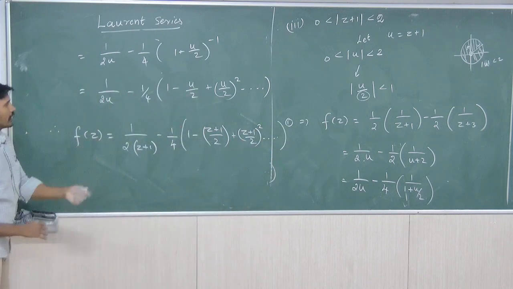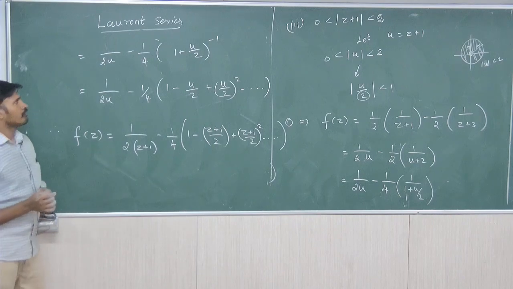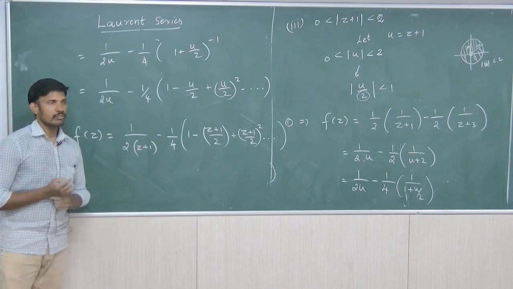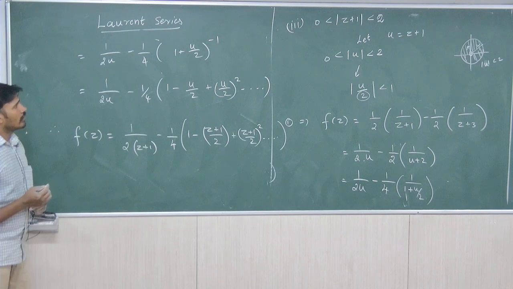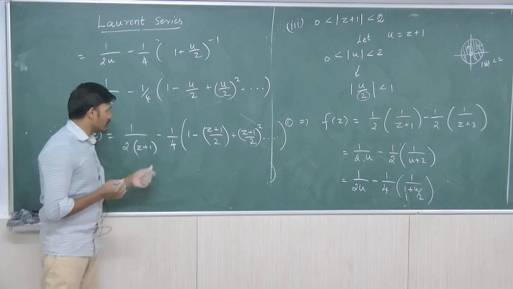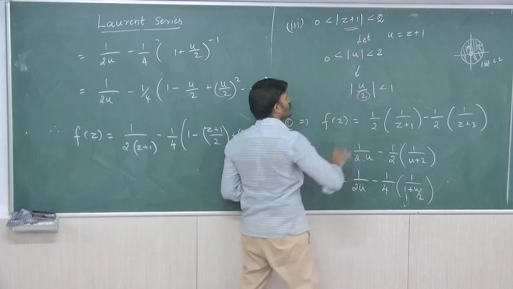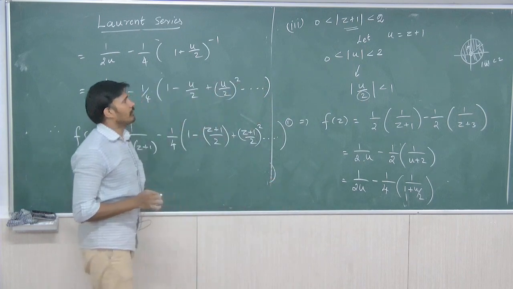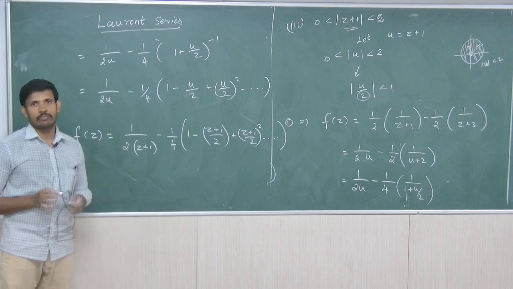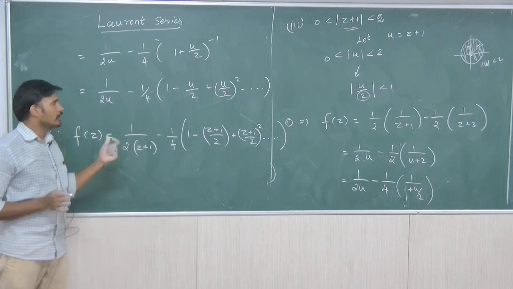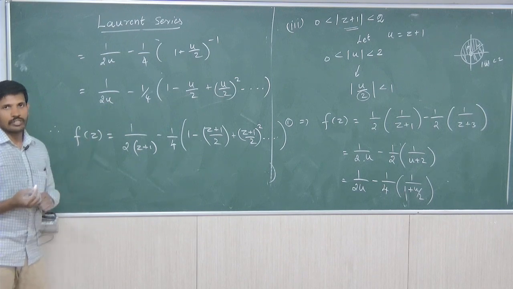So this is the expansion of f of z in the region 0 less than modulus z plus 1 less than 2, right? In such a region, where z plus 1 or z minus 1 like this is coming, you have to substitute another variable. From that you can get the expansion for the particular region, right?